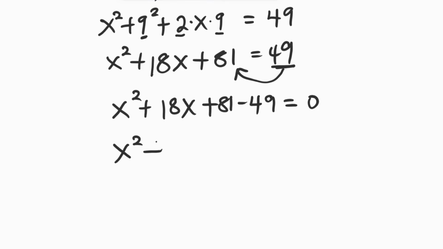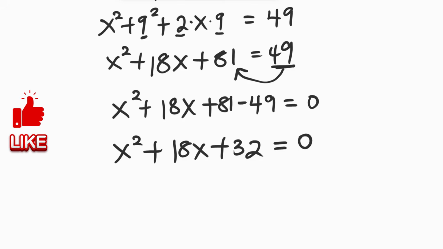So now we have x squared plus 18x plus, now 81 minus 49 will give us 32, equals 0.